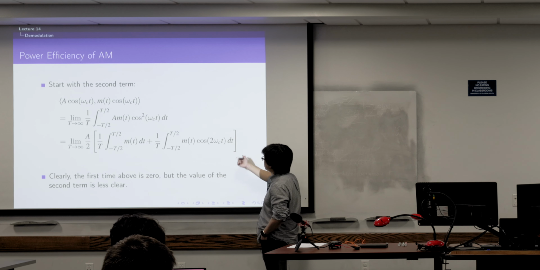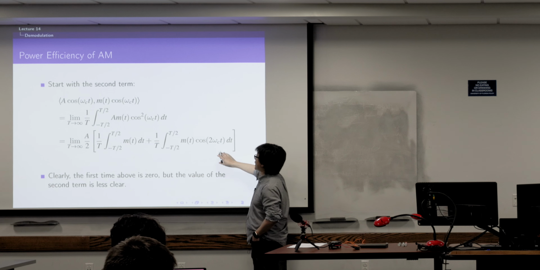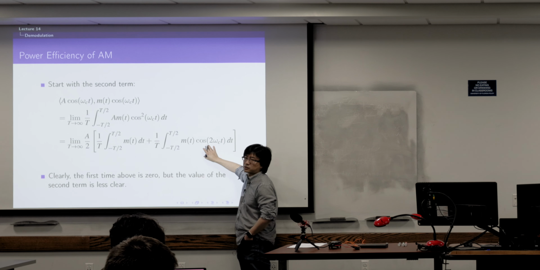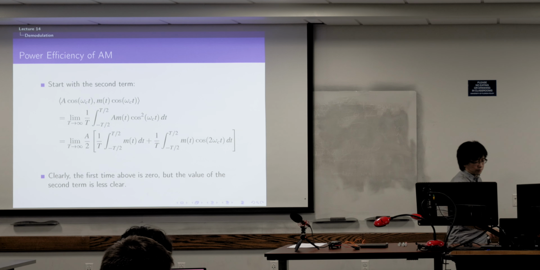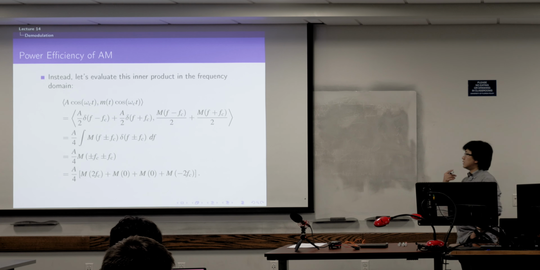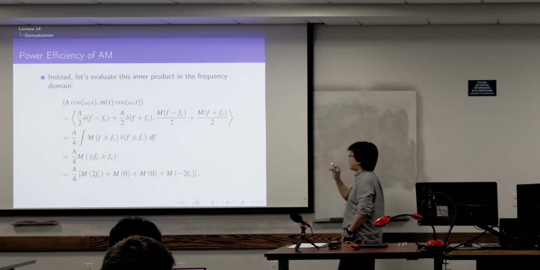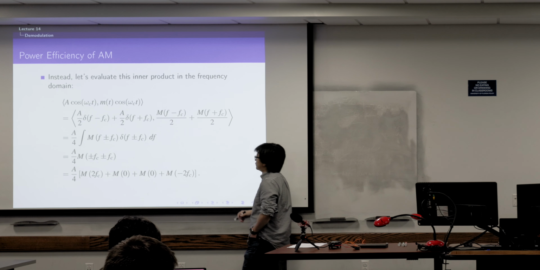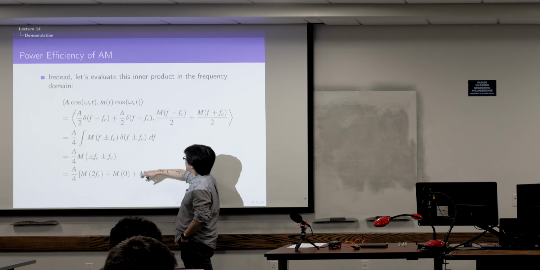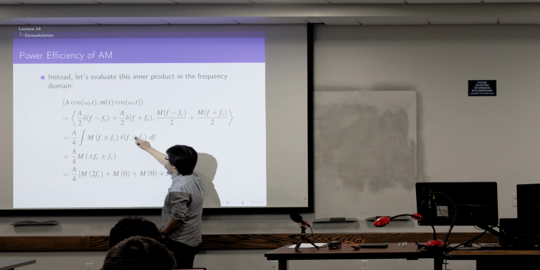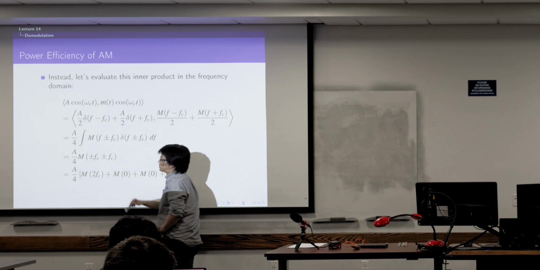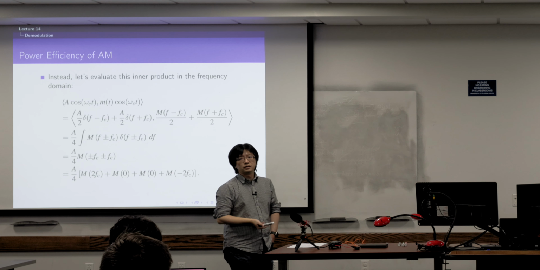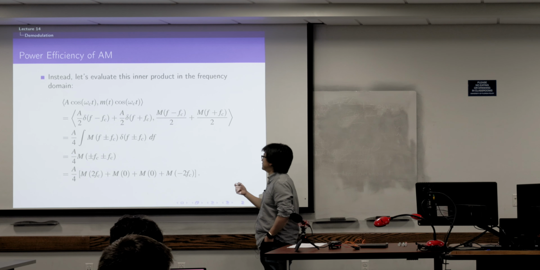In general, in this class, if we have some difficulty computing something in the time domain, we may want to try it again in the frequency domain to see whether it is easier. So we compute it in the frequency domain, and this is what we get. From here to here, this is Parseval's theorem.